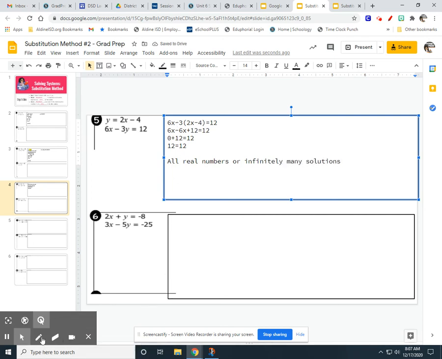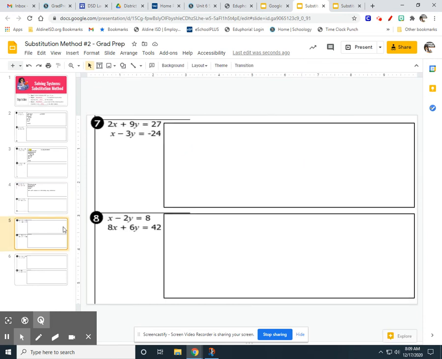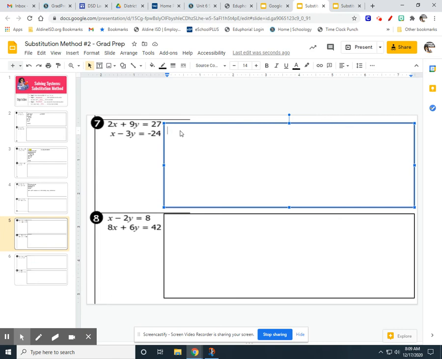Let me pause this real quick. I'm going to do number 7. Alright. We need to solve this for x equals, change the sign of the 3y to positive, minus 24. So 2 parentheses, I'm going to highlight. Hopefully you guys get the idea already.